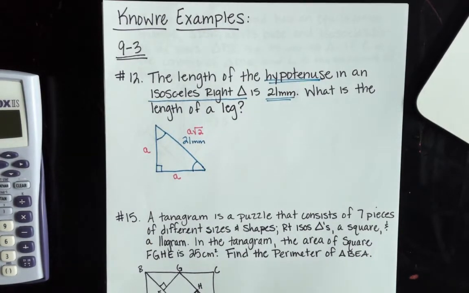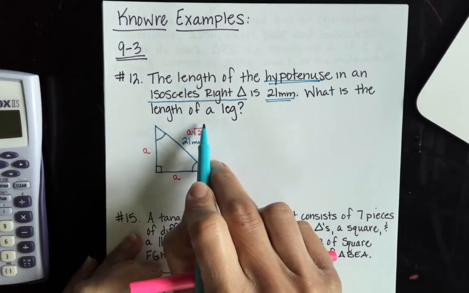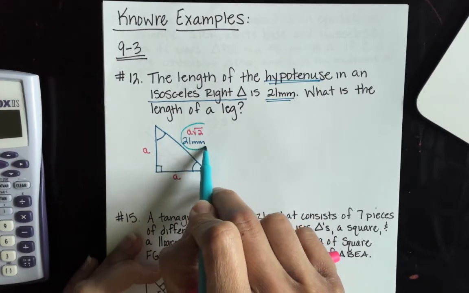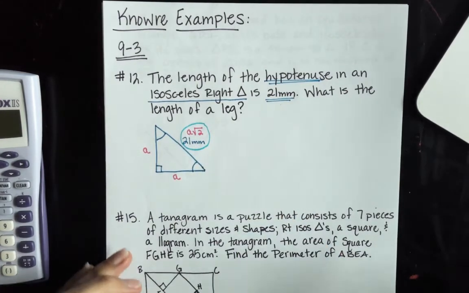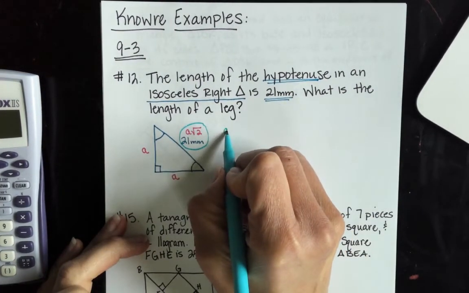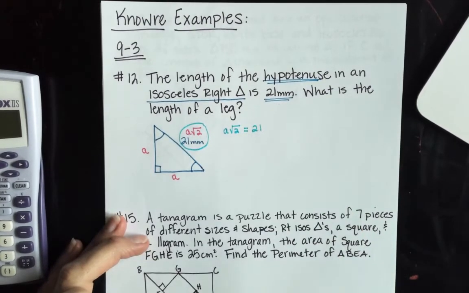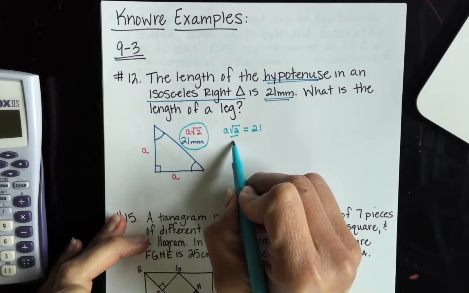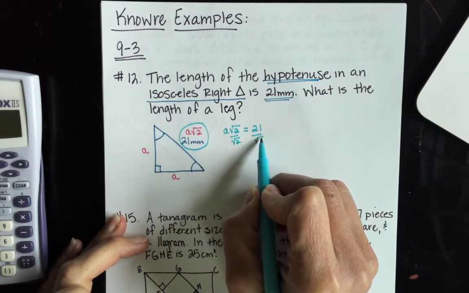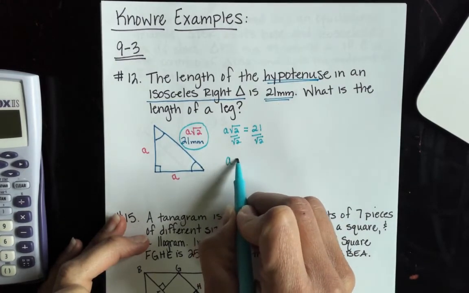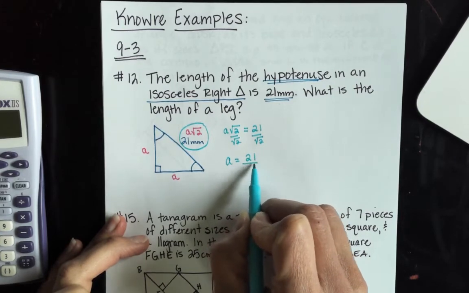So then what we have to remember is the side that has our formula and the value we set equal to each other. So we are going to take a radical 2 and set it equal to 21. We know we're going to divide away the radical 2 so that we get a by itself.